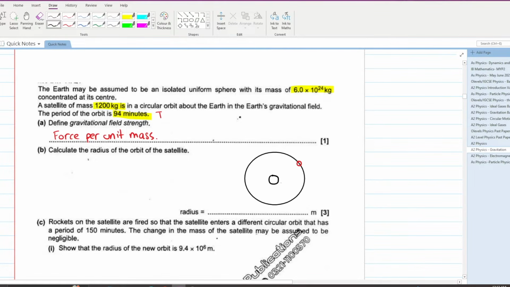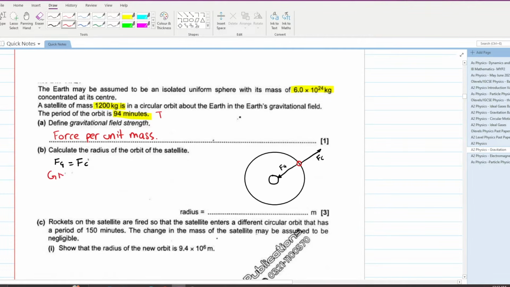What do you think will be the force between the earth and the satellite? The force of gravitation, somewhat like this, Fg. What will be the force away from the satellite? The centripetal force Fc. Can I say at this point this gravitation force is equal to the centripetal force?